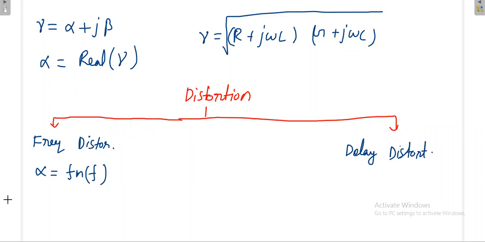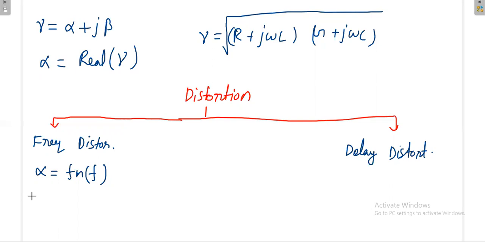That is called frequency distortion. If the different frequencies undergo different attenuation, or you can also tell it as gain, because 1 by gain is equal to attenuation.